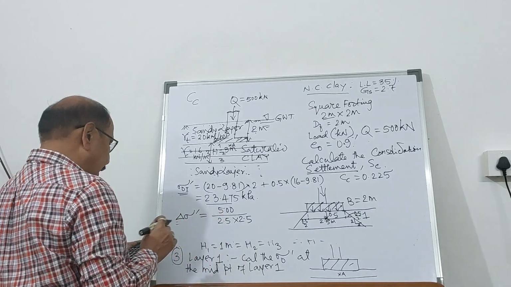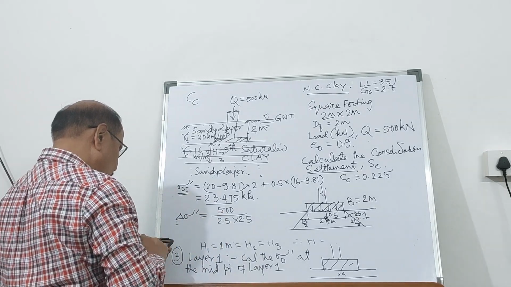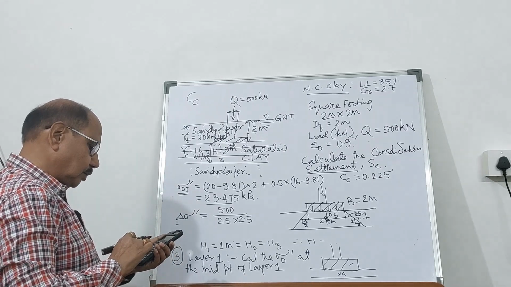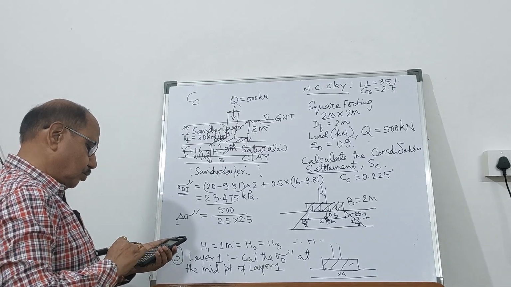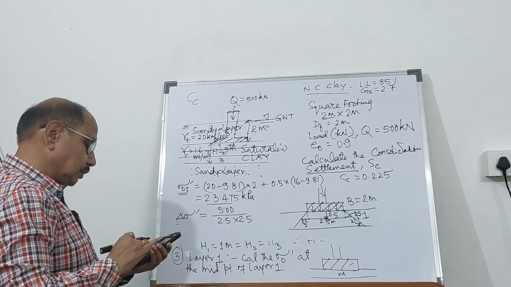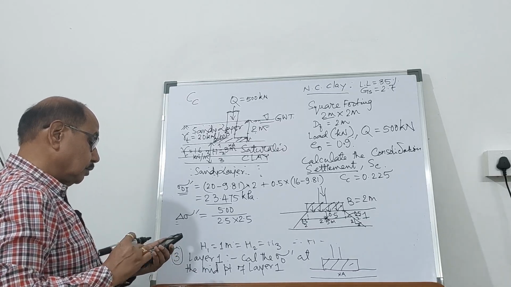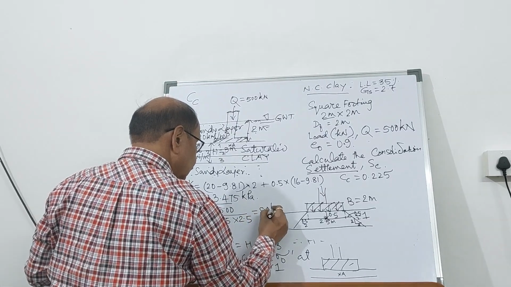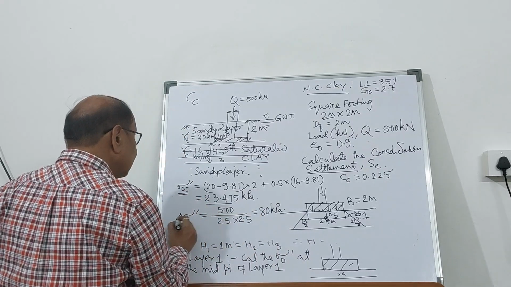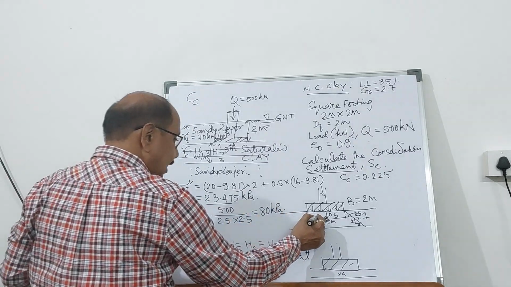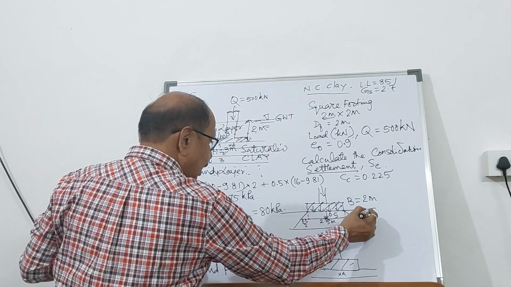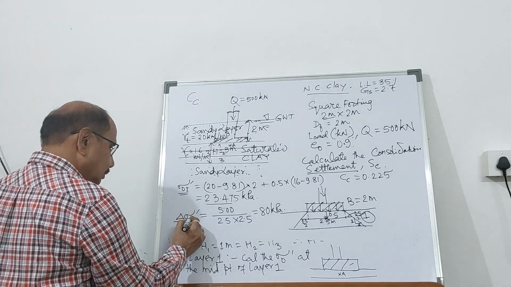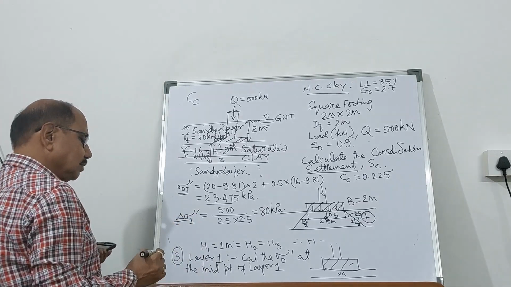So you can calculate it: 500 divided by 2.5 into 2.5. This gives you 80 kilopascal. So you have got the average increase in effective pressure at the midpoint of layer 1.